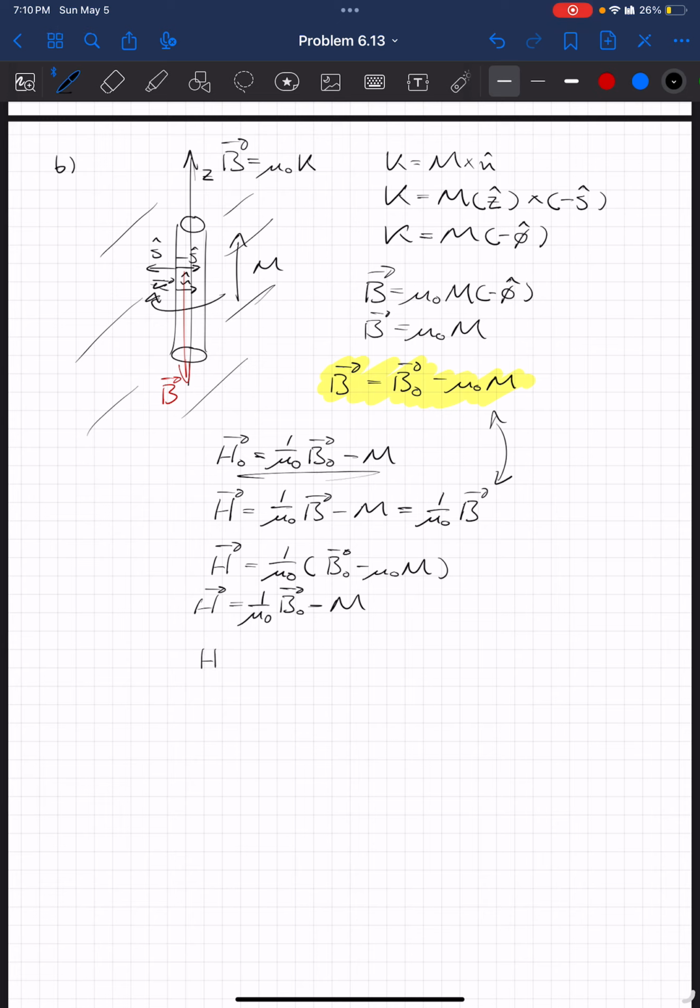So our new H at the center of our cavity could also be written as equal to H naught.